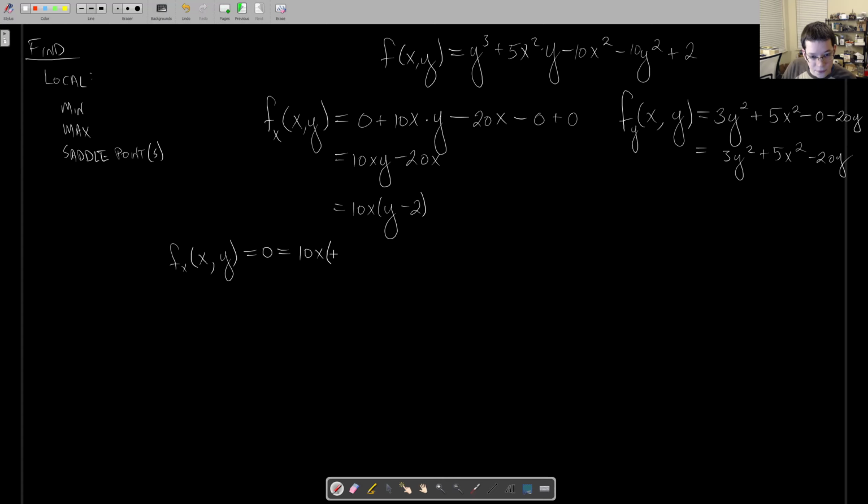Write correctly. 10x times y minus 2, critical points. So 0 equals 10x times y minus 2. Now the critical points of this is anywhere that this quantity is equal to 0. So whatever values I have to plug in to get 0 are fair game.